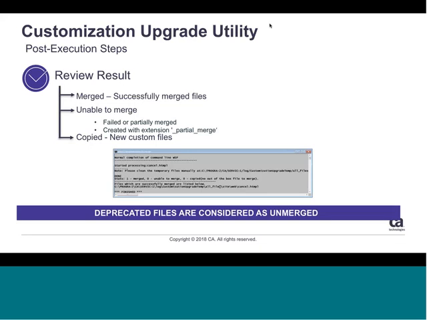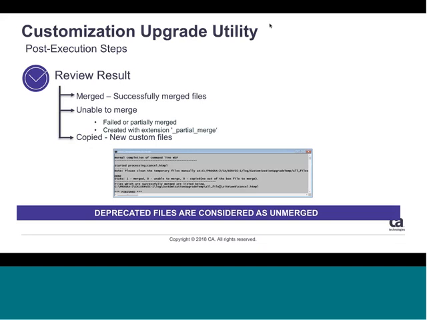Verification: we actually have a detailed log under the NXRoot log folder, customization merging.log, which will show you all the details of the run. You can spot check and do a basic sanity check to ensure that the merge has happened correctly. And then the files that it could not automatically merge, you'll have to merge manually.